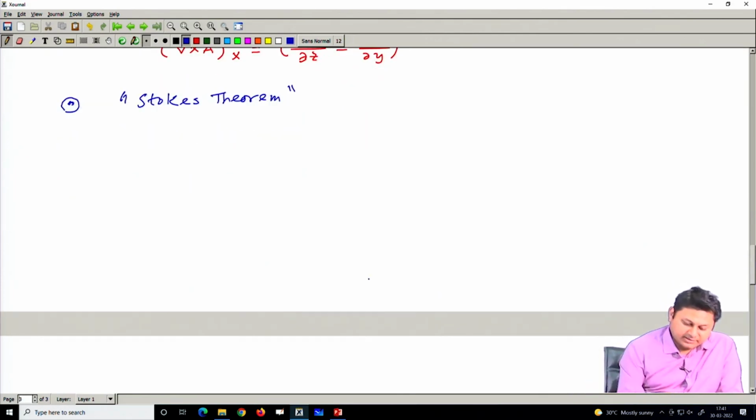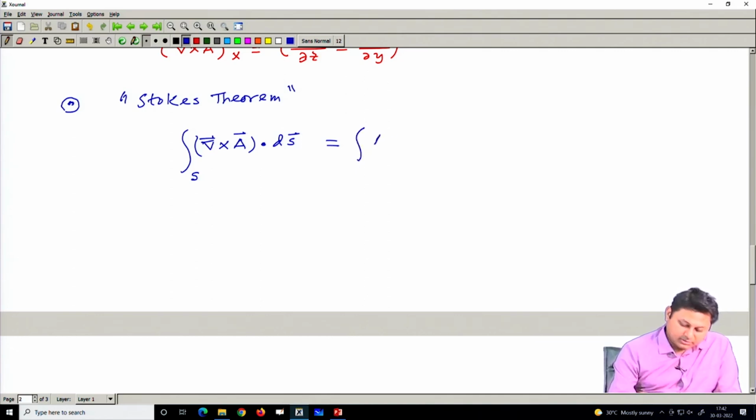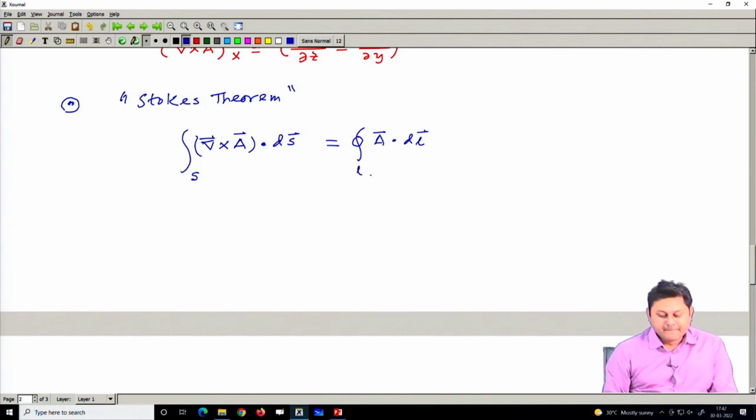The Stokes theorem tells us, if I have a curl and from this curl, if I calculate the surface integration over a given surface, whatever the result I get should be identical with this quantity where we calculate the closed line integral, and this closed line is encircling this surface. Okay. So, that was the statement.